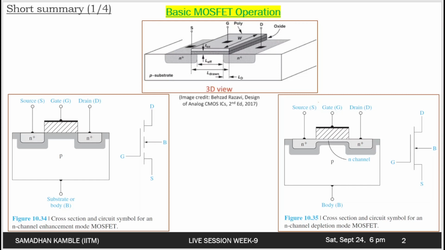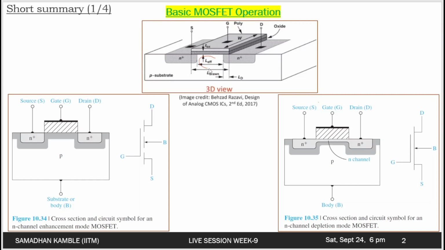If we consider the three-dimensional picture of a MOSFET, you can see here the length of the gate, which has a certain length. This is an important terminology: the length of the gate is essentially the distance between the source and drain.